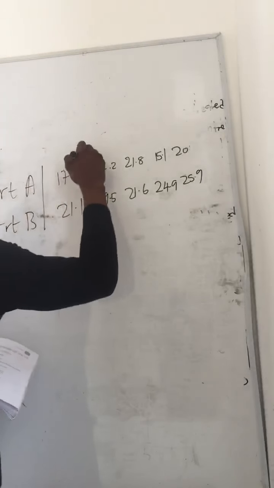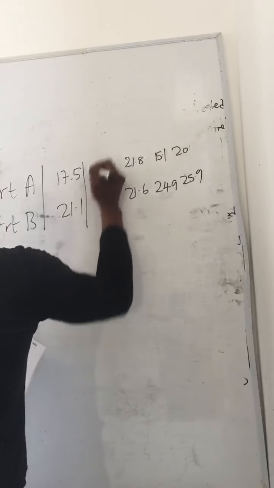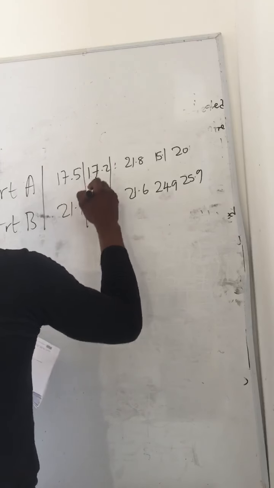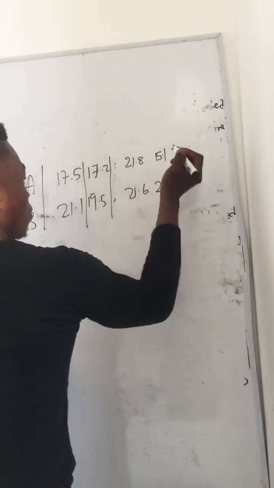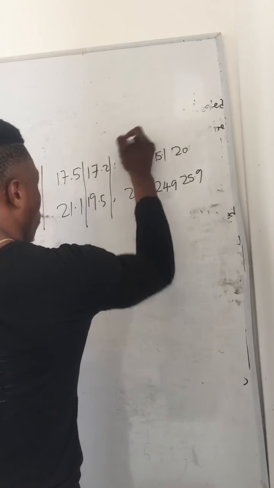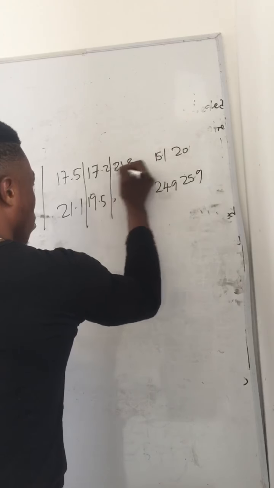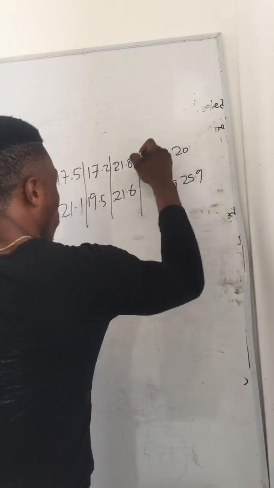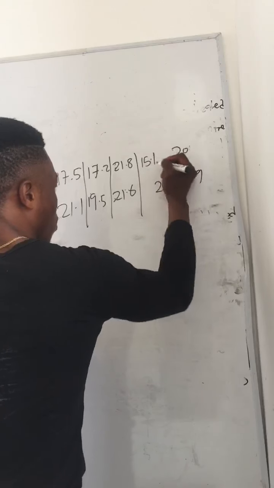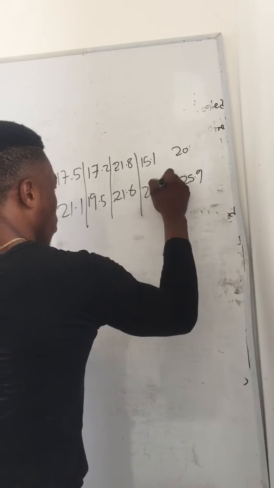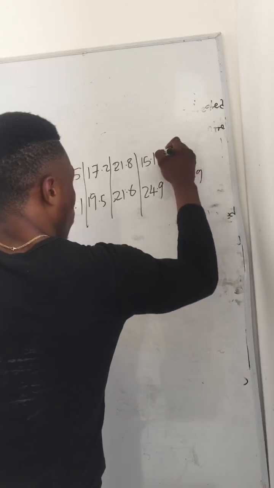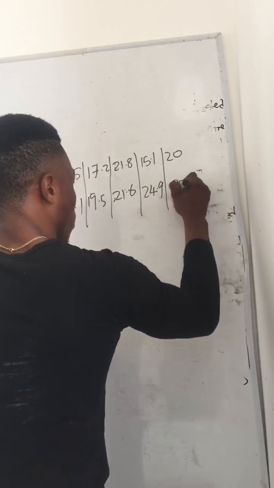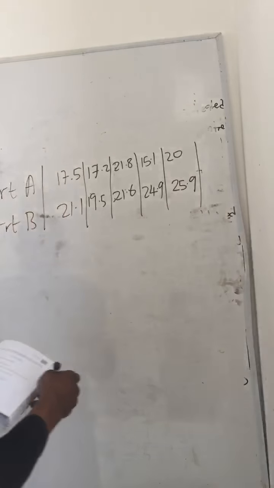So let's shift these here: 17.2, 19.5, 21.8, 21.6, 15.1, 24.9, 20, 25.9, right?